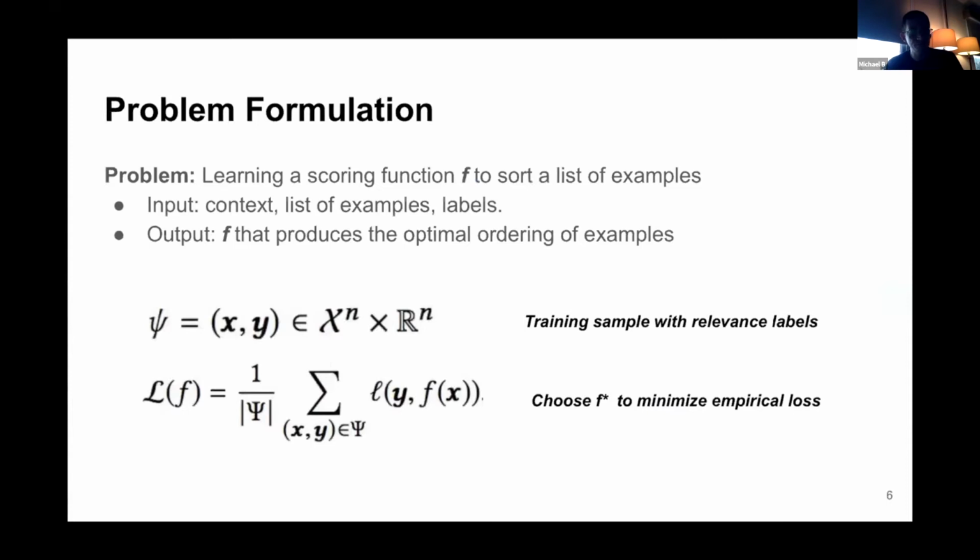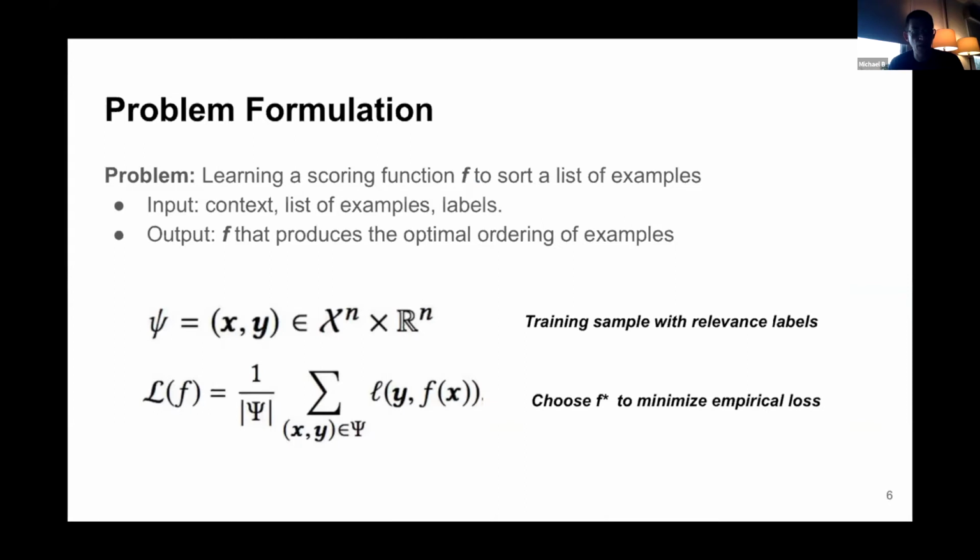Okay, so what's the problem here? The problem here is we try to learn a scoring function f to sort a list of examples. The input of the function is a context, a list of examples, and labels. A context here can be something like a query, or a user if you have a recommendation systems problem.